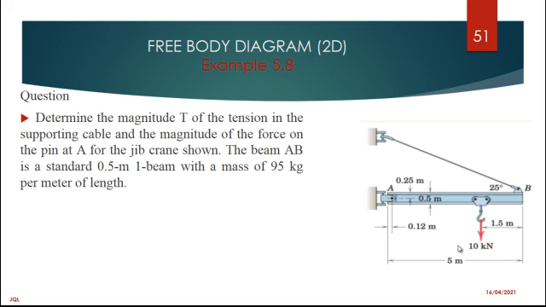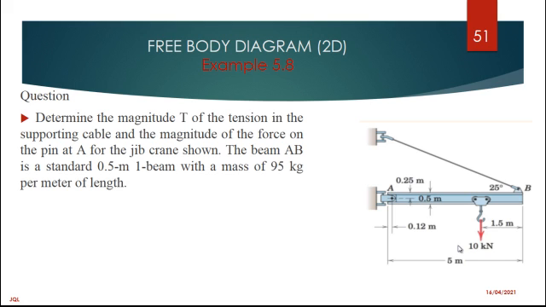For the jeep crane shown, the beam AB is a standard 0.15 meter I-beam with a mass of 95 kg per meter of length.